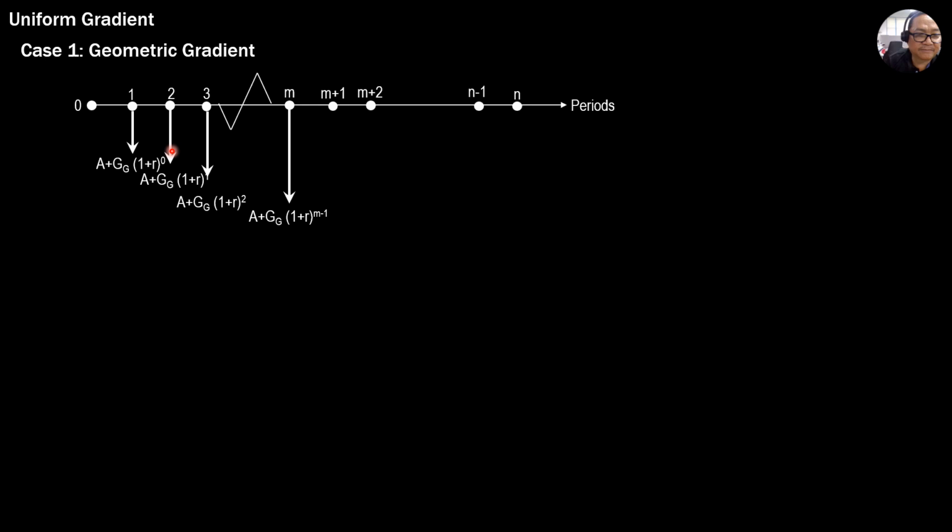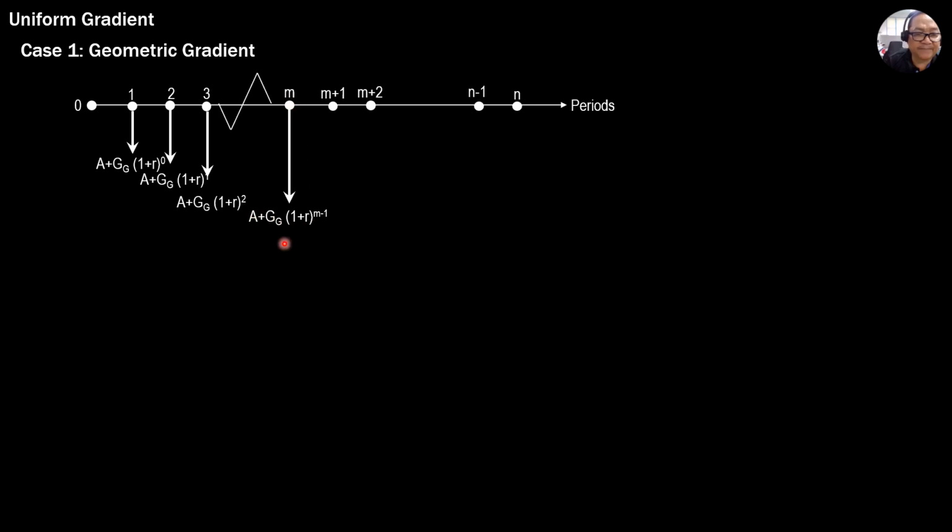Then we'll have A plus G sub G times 0 rather, times 0. This is A plus G sub G times 1 plus R to the 0. Then A plus G sub G 1 plus R square, and so on and so forth.